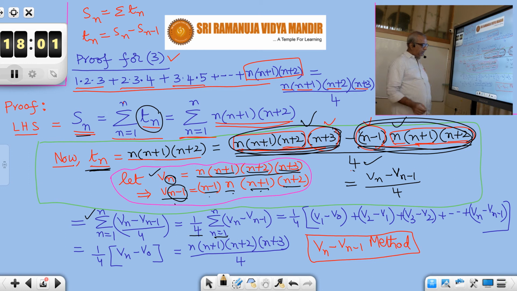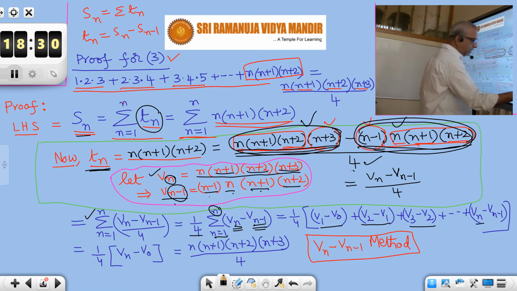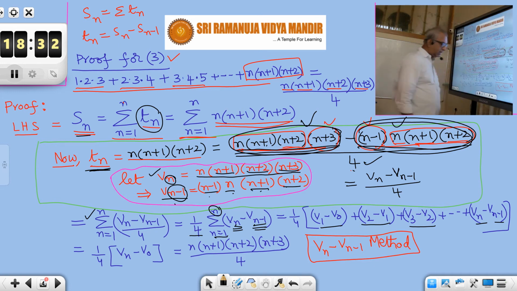Now let us expand the sigma. 1 by 4 into, first we give n equal to 1, which means V1 minus V0. That is the first bracket. Next n equal to 2 means V2 minus V1. Similarly, n equal to 3, you get V3 minus V2, and so on. What is the last value we have to give for n? Last value is n, so you get Vn minus Vn minus 1 as the last bracket.